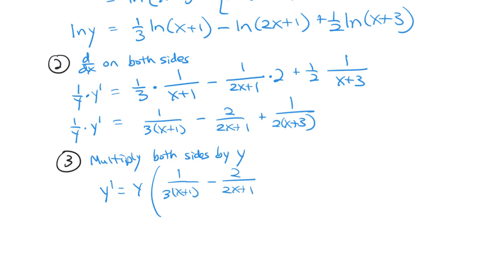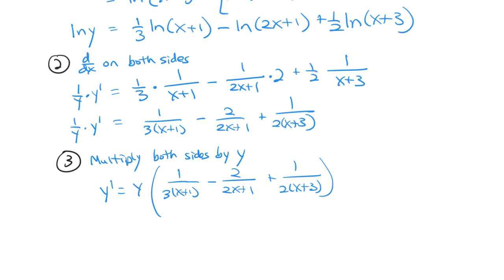All right, it's a lot to write. Plus 1 over 2 times x plus 3. Okay, then there's one more thing. Once you do that, we don't really want y here. Look at the original question. The original question is y in terms of x. So we don't want y in the answer, but that's okay, because what is y equal to?